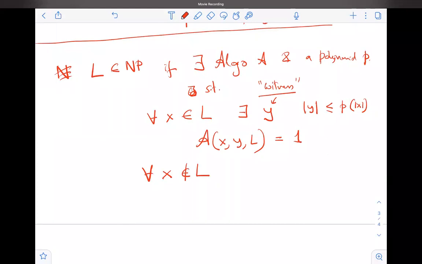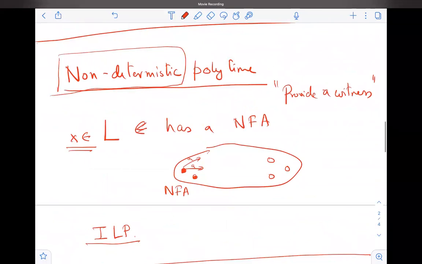Sir, what do you mean by the size of y is polynomial in x? So the solution size is not exponential. For example, in the case of a path, you cannot give me an infinite path. You have to give me a path that is polynomial in size of x.